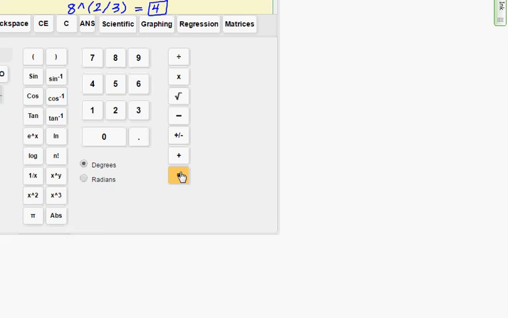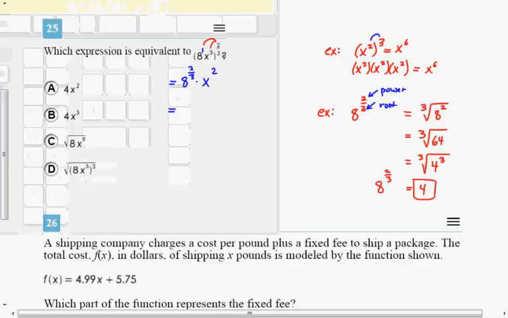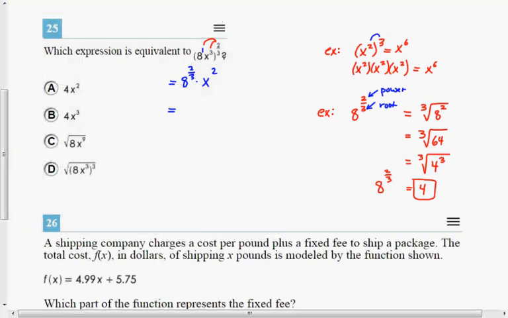Okay, so the things you need to know in order to be successful with a problem like number 25 is the power of a power property, power of a product property, that you can multiply those exponents there. And then the next thing would be know that you have technology at your disposal, and 8 to the 2/3 power is equal to 4. So this is equal to 4x squared.